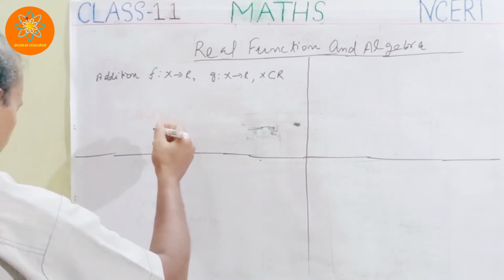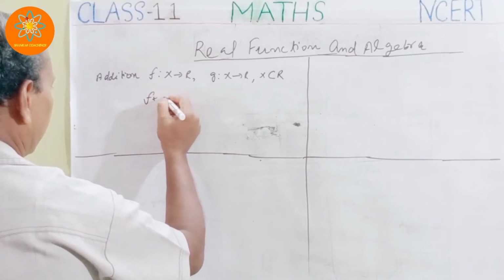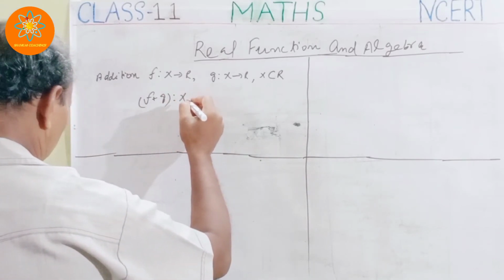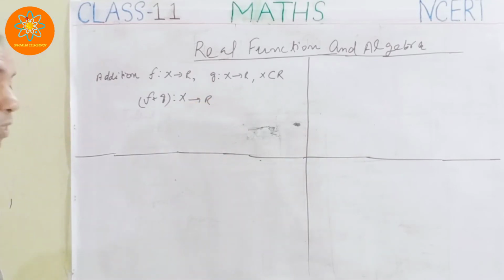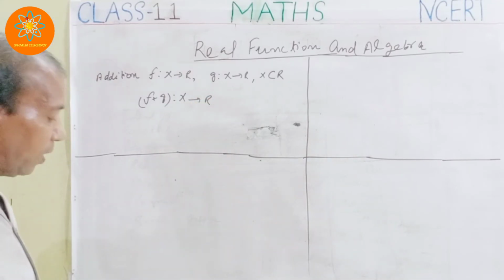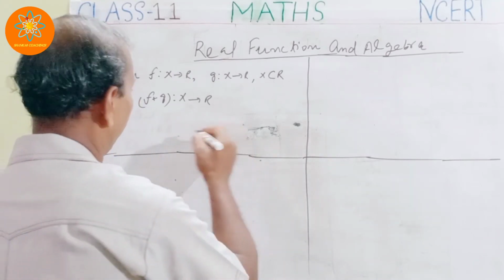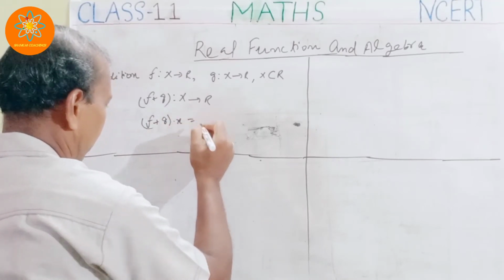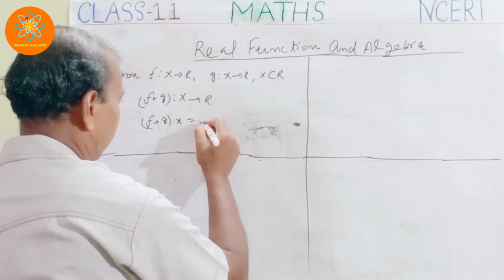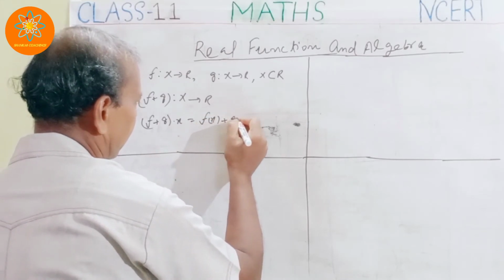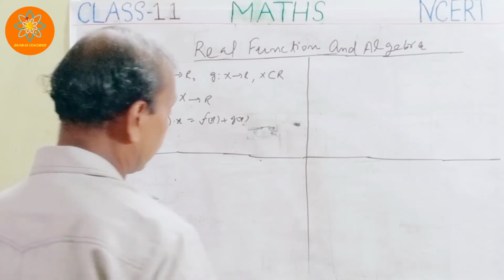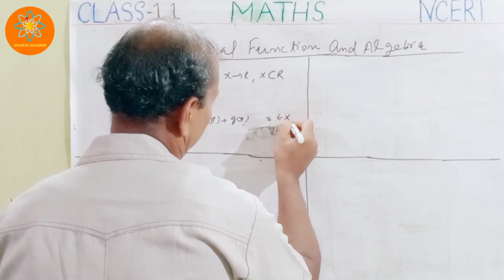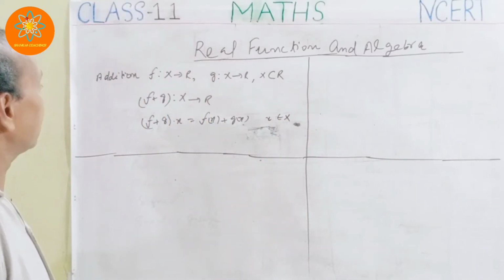Then for the addition case, we define f plus g from X to R as (f plus g)(x) equals f(x) plus g(x), where small x is a member of X. So this is about the addition.